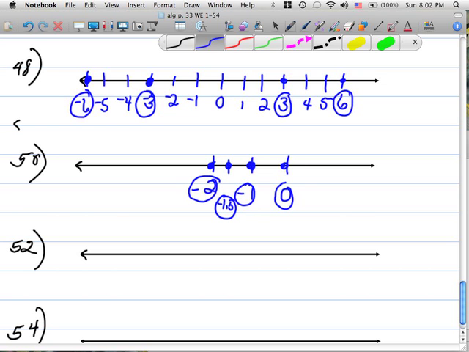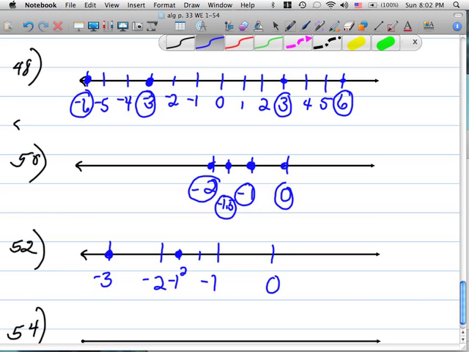52, the smallest number is negative 3, the largest is 0. So a point at negative 3. Negative 1 and 2/3 is, here's negative 1, 2/3 more would be here.